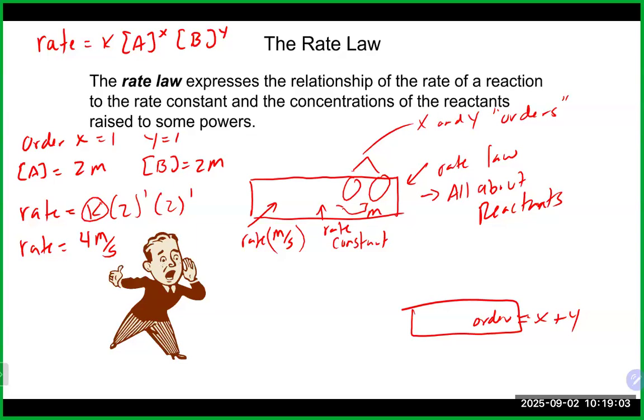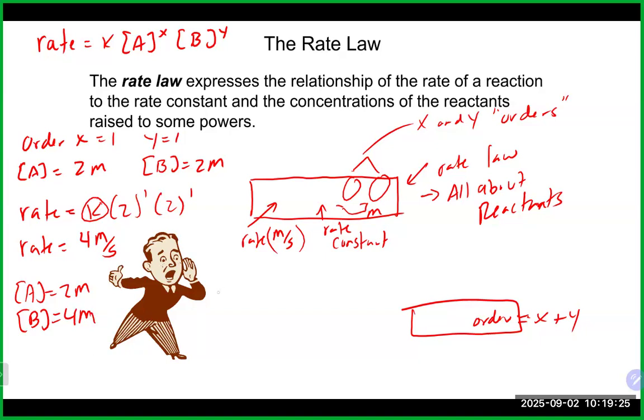So let's just say in this case, I decide, what would happen if I decided to double the concentration of B? In the next experiment, I keep A the same, 2 molar, but I double the concentration of B to 4 molar.